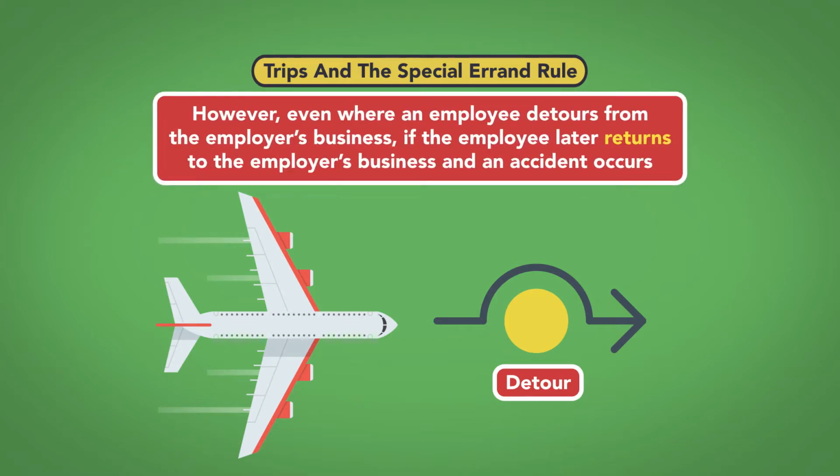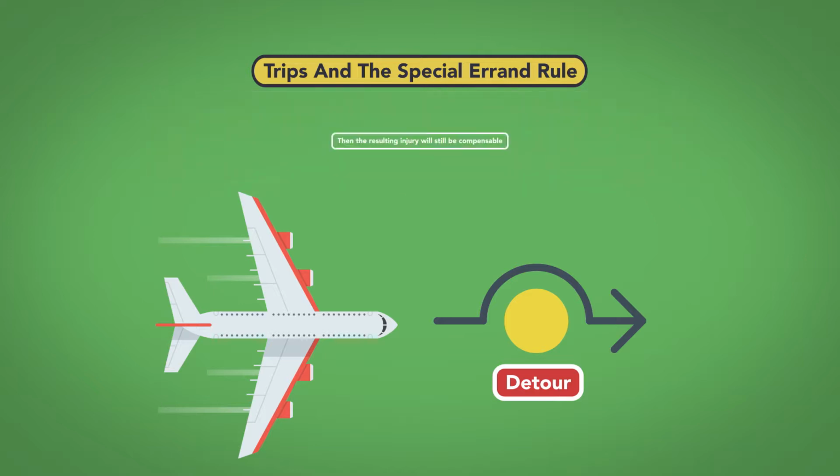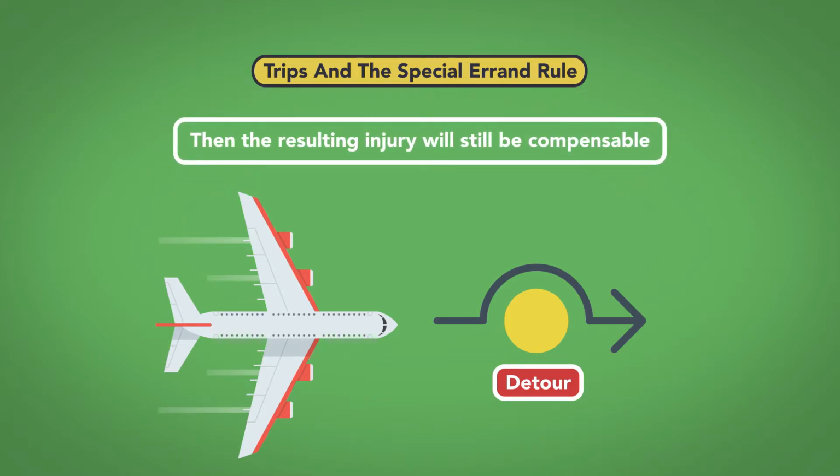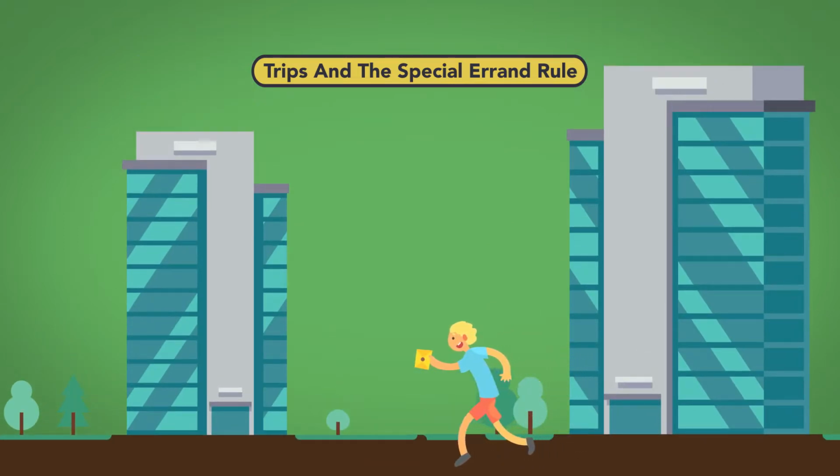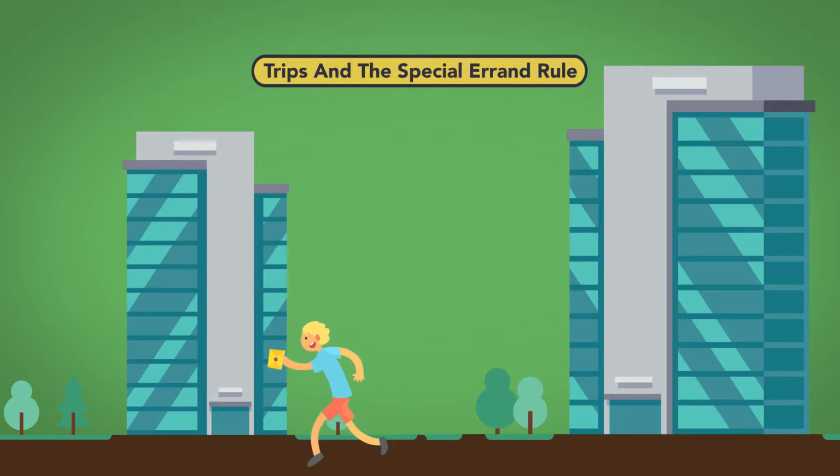However, it should be noted that even where an employee detours from the employer's business, if the employee later returns to the employer's business and an accident occurs, then the resulting injury will still be compensable. Similarly, injuries are compensable when incurred while an employee travels from one job site to another during the course of the workday and on the employer's time.